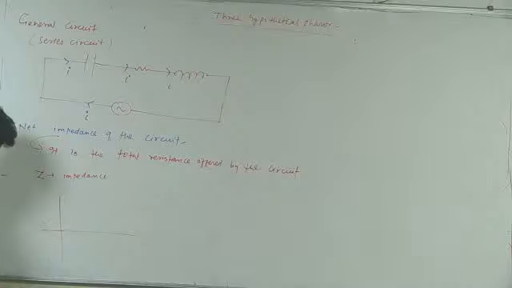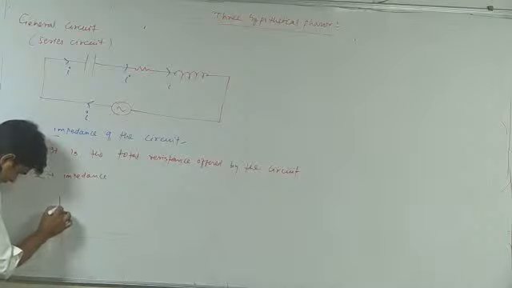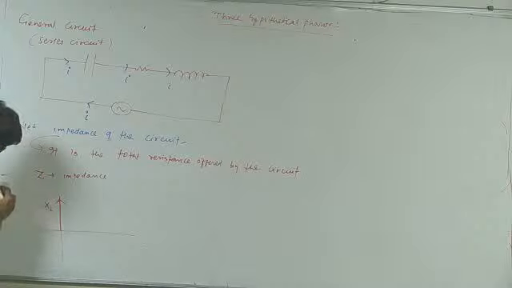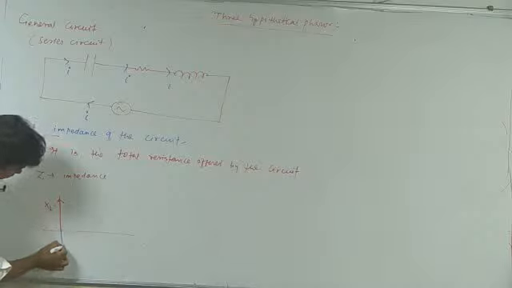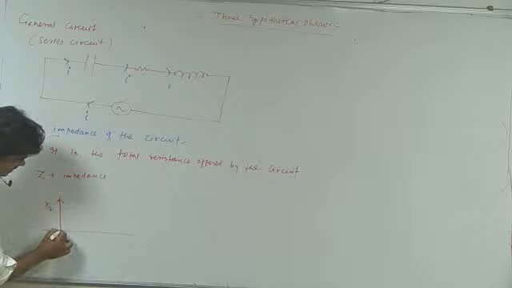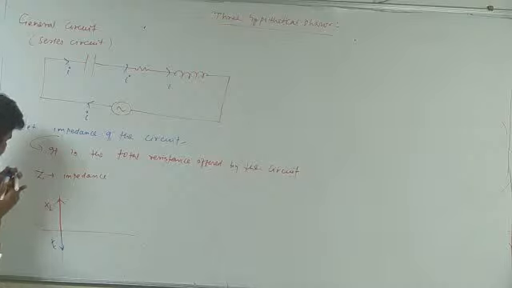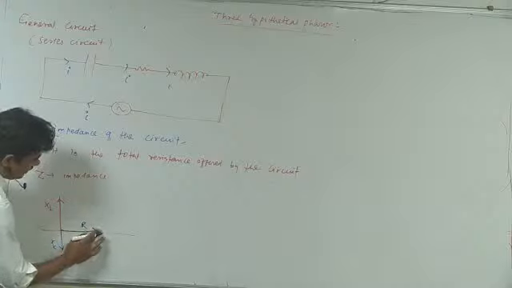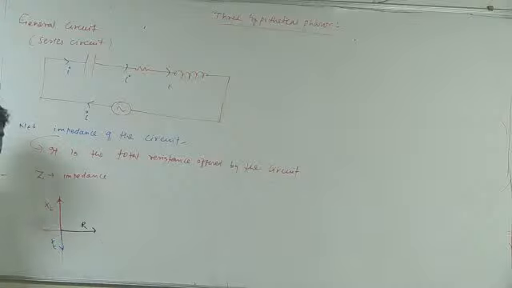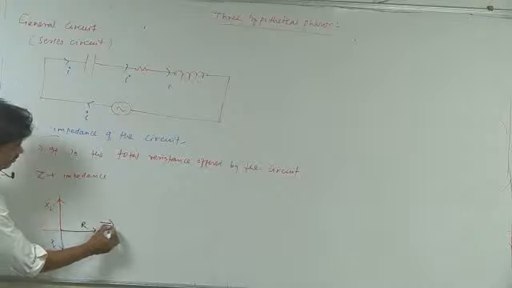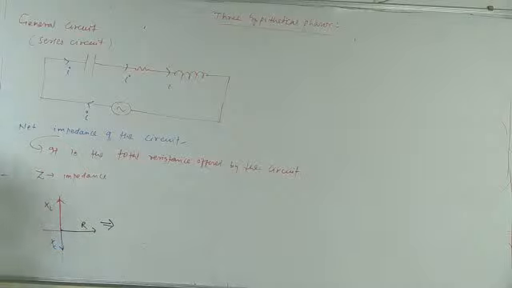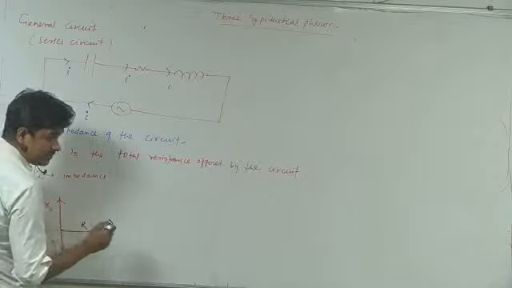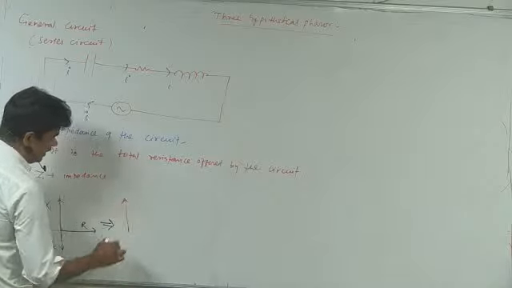Now look here. This is for XL. Yes or no? Everybody will pay attention. This is your XC and this is your R. These are three phasors shown in vector form. We have to find their resultant. How will we calculate the resultant? Those along the same axis will be subtracted or added.